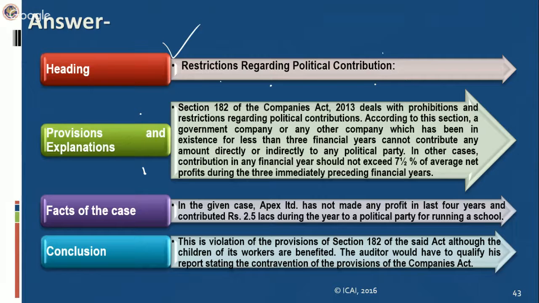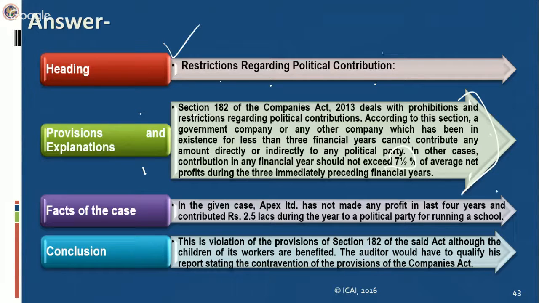Which means any non-government company which is in existence for 3 years or more than 3 financial years can contribute to a political party. Now there is another restriction, that the contribution shall not exceed 7.5% of the average net profit during the 3 preceding financial years. This is the provision and explanation part you need to write in your examination.